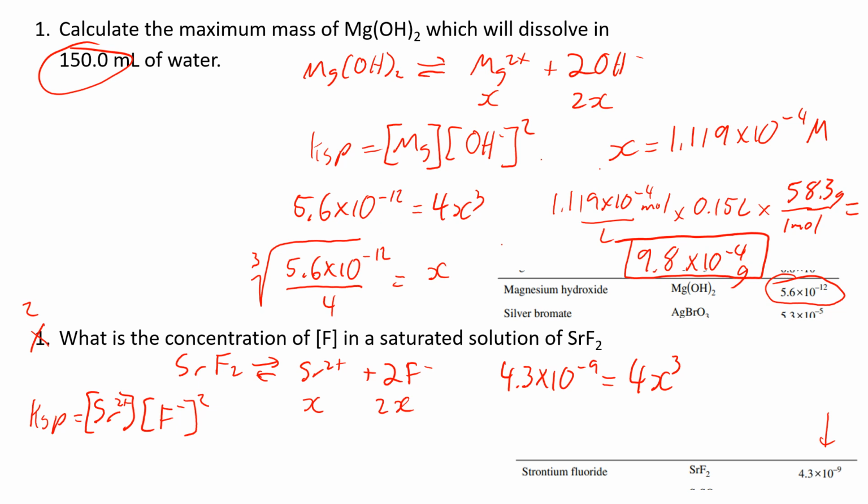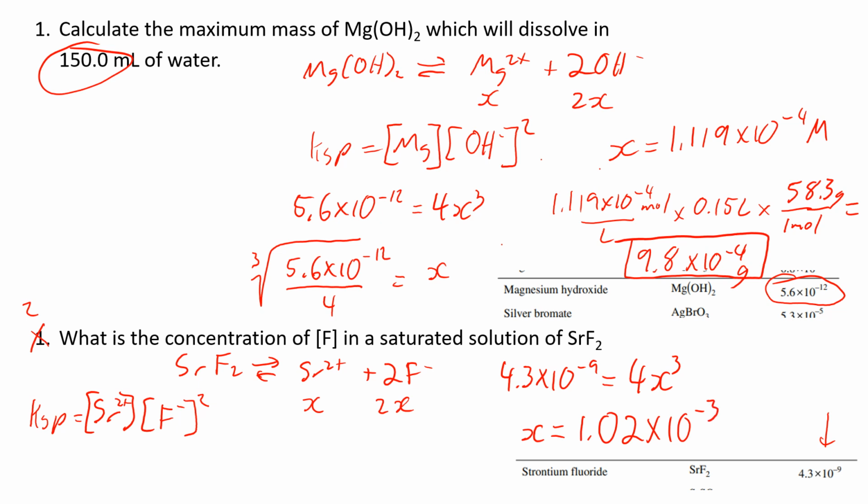So now I solve for X. X is 4.3 times 10 to the minus 9 divided by 4 equals, and I take the cube root, trying to find my cube root button, that one, and I got 1.02 times 10 to the minus 3.